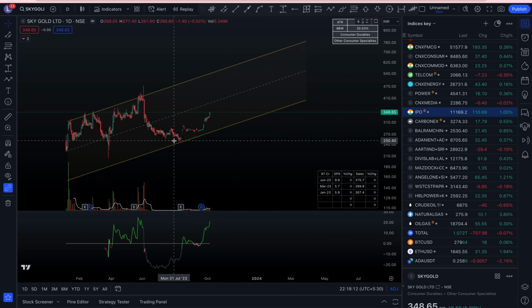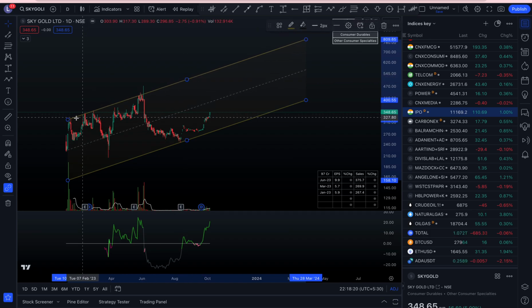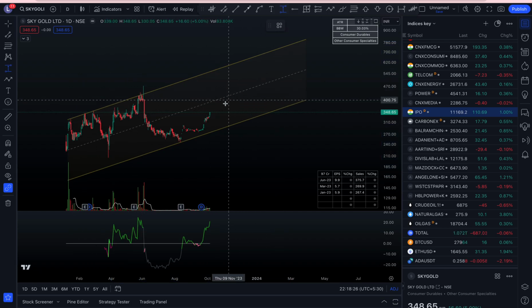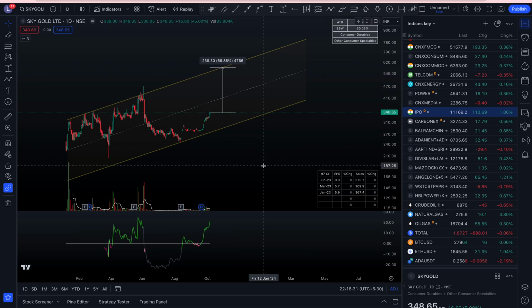So one could imagine that this has found the base of the channel, and possibly the highs of the channel here. We have decent touches, 1, 2, 3, 4, and we might see a move like this. But again, we never know.